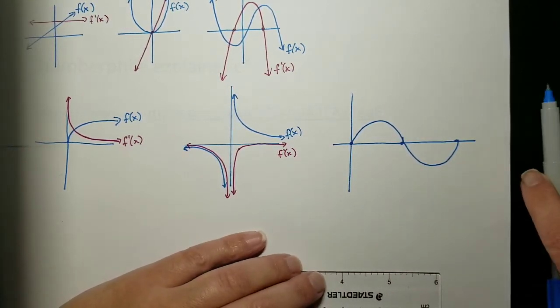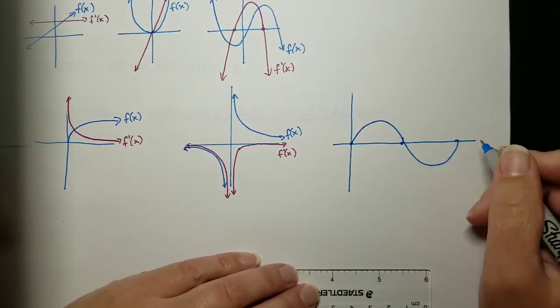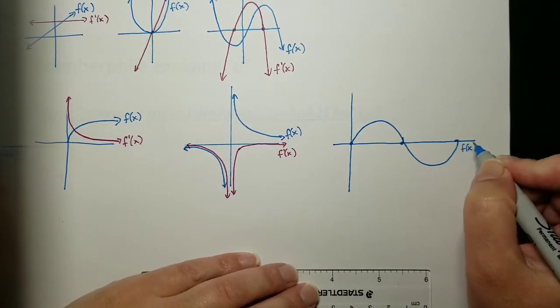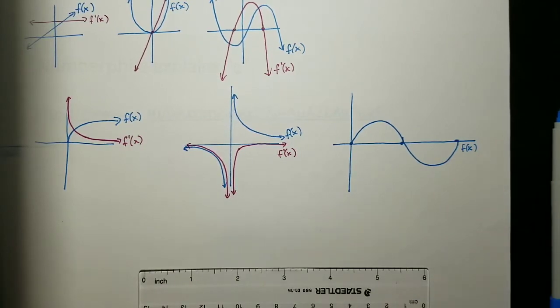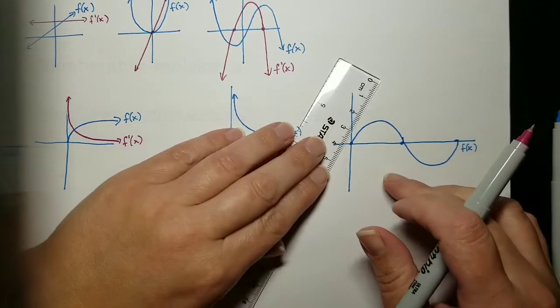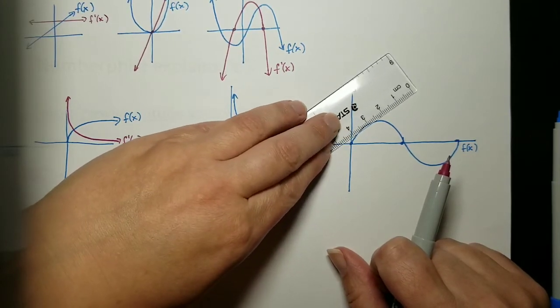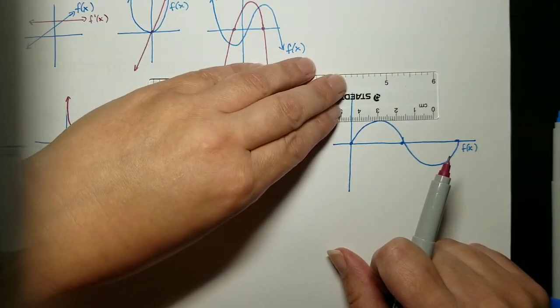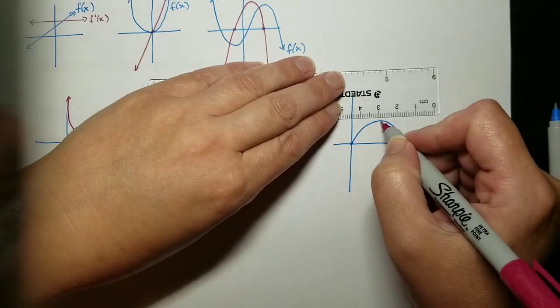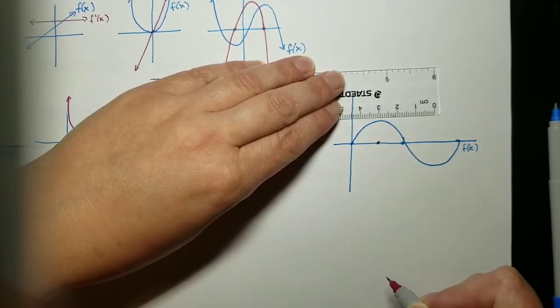Okay, there's a graph of sine x. Now let's think about what we would know. This derivative starts positive, gets smaller and smaller positive until it's at 0 there. So where it's flat, it would have a derivative of 0.